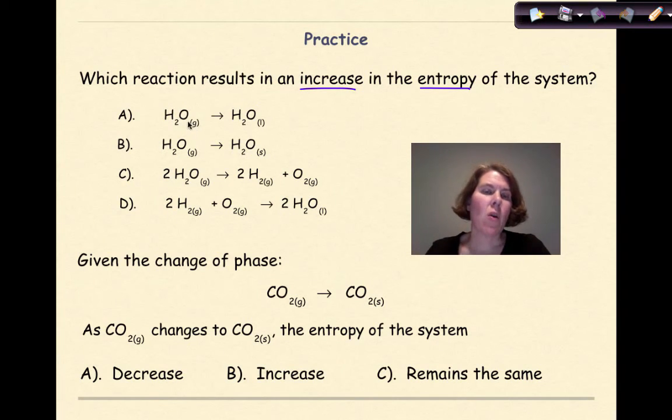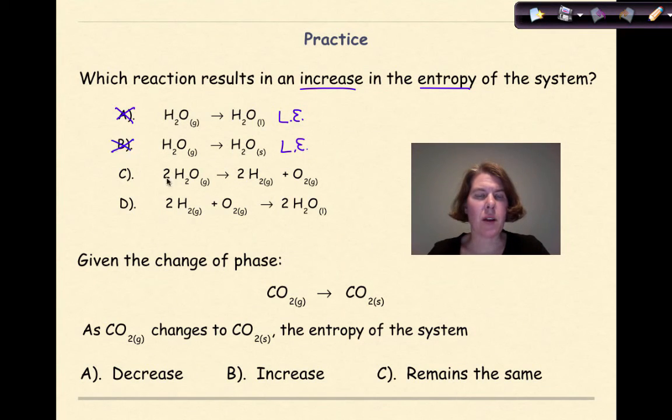So we have water as a gas going to water as a liquid. Well, that's becoming more organized. So more organized, less entropy. Gas to a solid. Nope, that's going to definitely have less entropy.